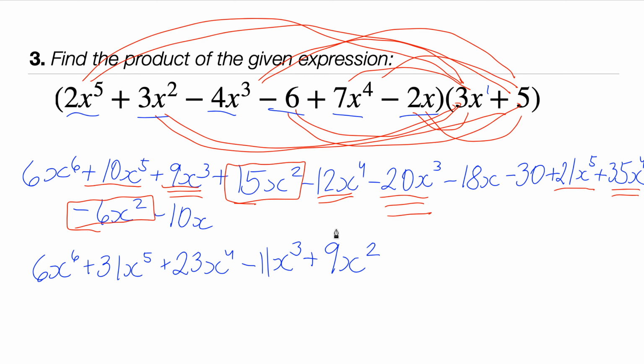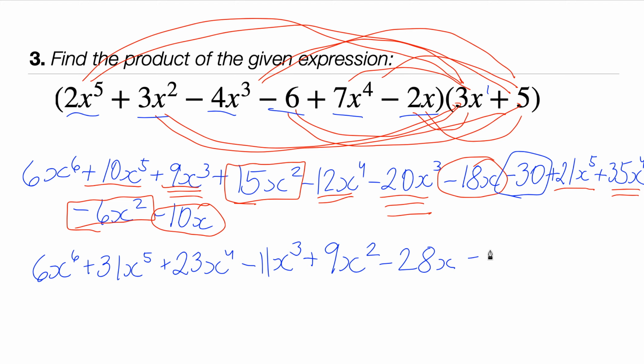So with x with a degree 1, we have here 18. We'll encircle that. Minus 18x, and we have minus 10x. So minus 18x plus negative 10x, they're both negative. We're going to add them and copy the sign. So that will lead us to negative 28x. And for the constant, we have one constant.